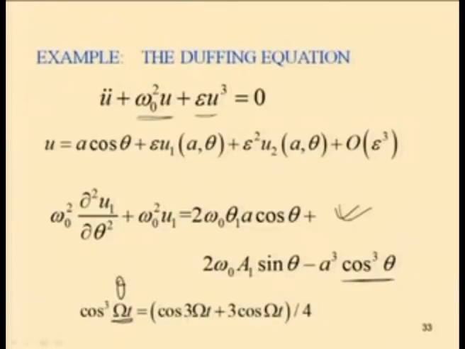So, cos cube theta can be written as cos 3 theta plus 3 cos theta by 4.